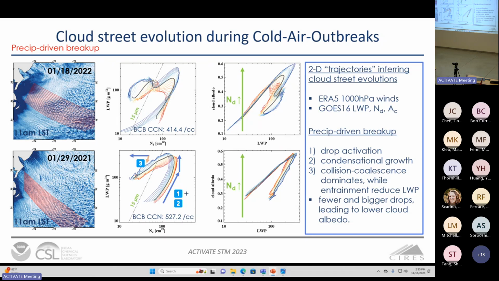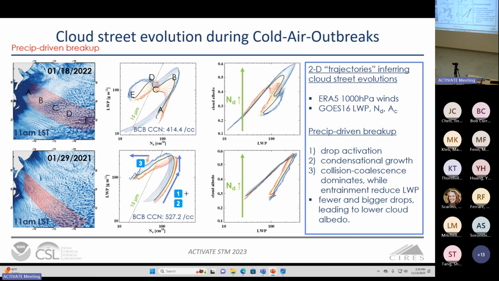If you look at the satellite imagery, these are GOES optical depth retrievals, and you can already see the different phases of the evolution. There's the developing phase, then these really thick clouds with high number concentration, and they start to break up into precipitating cells, open cells. On this day, there's an interesting reactivation or condensational growth in this region, and then another breakup.